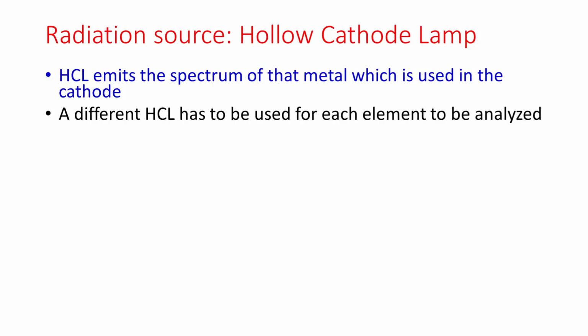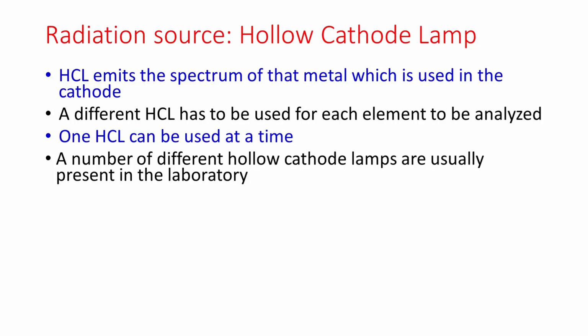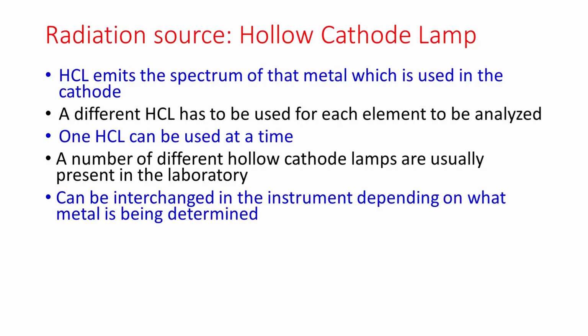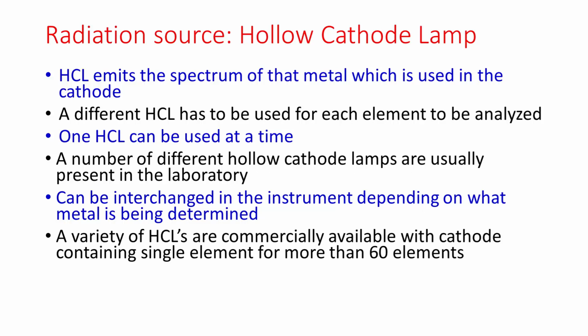A different hollow cathode lamp has to be used for each element to be analyzed. One hollow cathode lamp can be used at a time. A number of different hollow cathode lamps are usually present in the laboratory. It can be interchanged in the instrument depending on what metal is being determined.